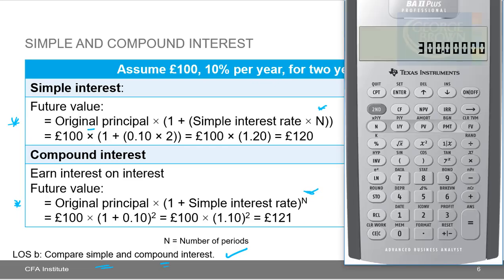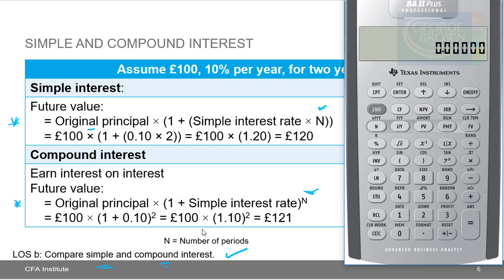So if I just bring up the calculator here very quickly, you can see that for 100 pounds, 10% per year for 2 years, we would start in the bracket: 0.1, the 10%, times the 2 years, plus 1, and then we multiply that by the 100 pounds, and we've got our 120 pounds at the end of 2 years.